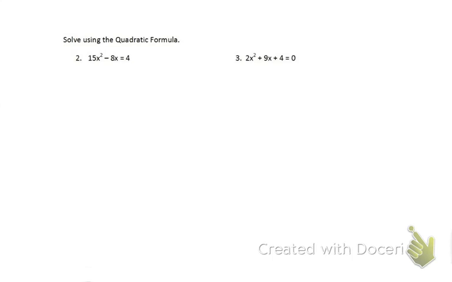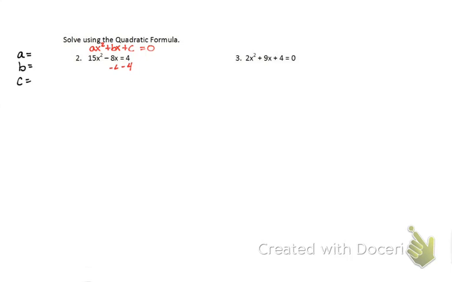So looking at number 2 here, the first trick is that before you can identify what your A, B, and C is, this equation has to be correctly written in ax squared plus bx plus c form, meaning equals 0. And this problem starting out here is not, and again, it's not because this 4 is on the other side of the equation.